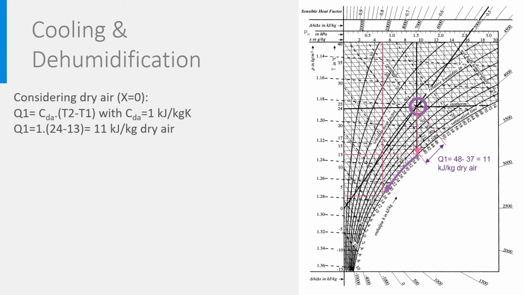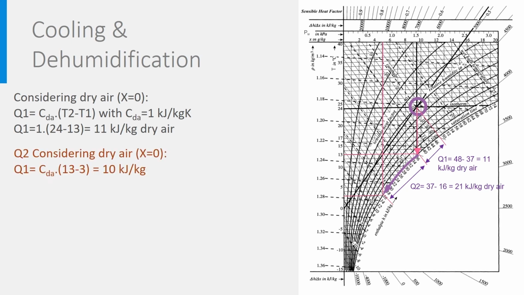We can read on the diagram how much heat was needed for this cooling from 13 to 3 degrees. That is 37 minus 16, which is 21 kilojoule. If we would make the calculations considering dry air, we would find 10 kilojoule per kilogram, which is completely wrong.